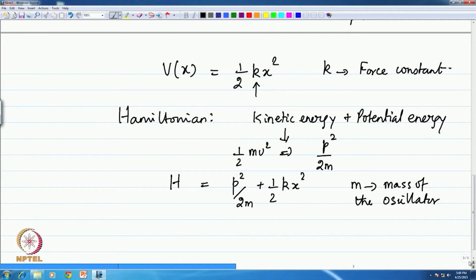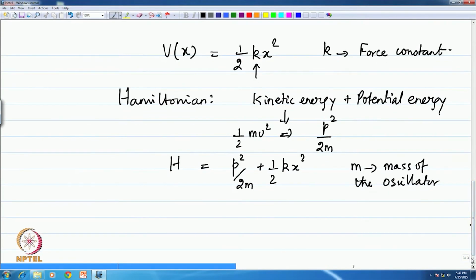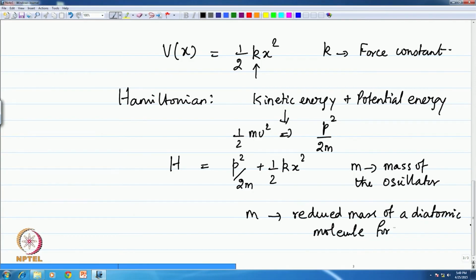If you are worried about a diatomic molecule or vibration of a diatomic species, then m is replaced by the reduced mass of the diatomic molecular system for vibrations. Okay.